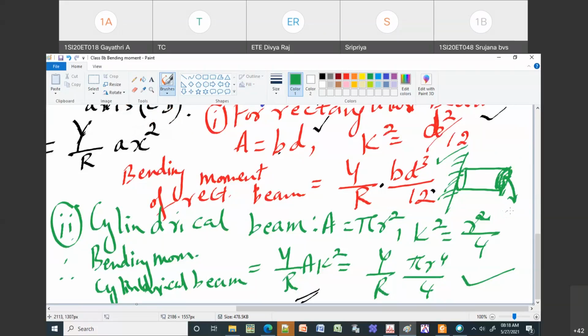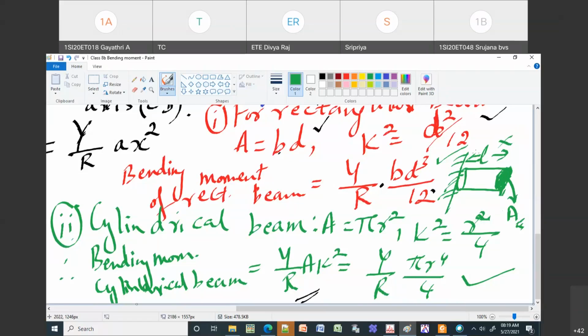This is like a circle, so we write A is equal to pi r square. We are not going to consider the length. Length is not taken into account. We are going to just take the area of this surface. Then K square is again a constant. You have to just remember this.